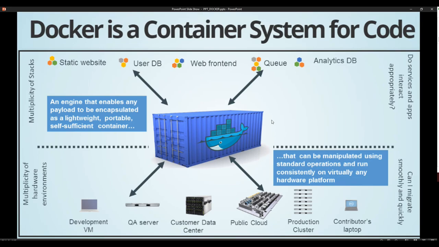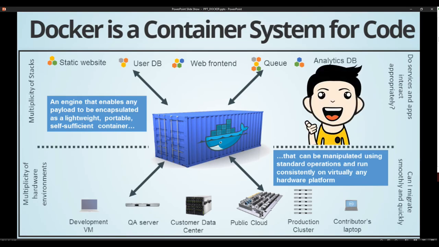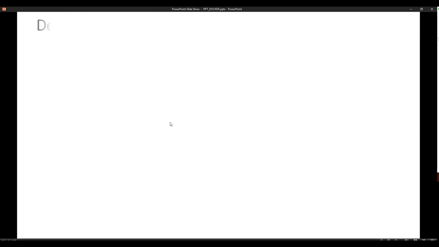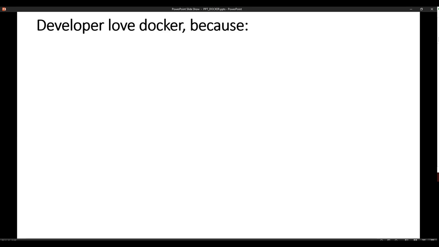Every app runs in its own isolated container, so you don't need to worry about various versions of libraries and other dependencies for each app. Isn't that cool? Developers love Docker because you build just once and it runs everywhere.